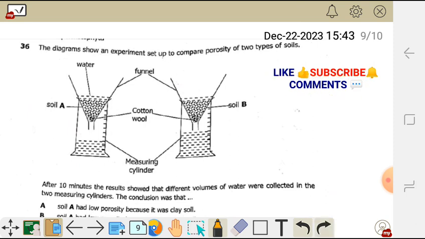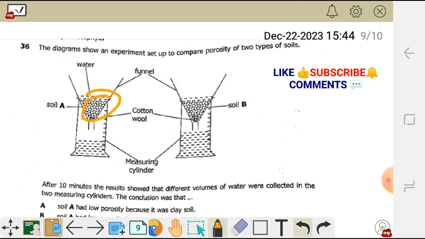So question 36. The diagram shows an experiment set up to compare porosity of two types of soils. Okay, so this diagram here is just showing an experiment to compare porosity of two types of soils.